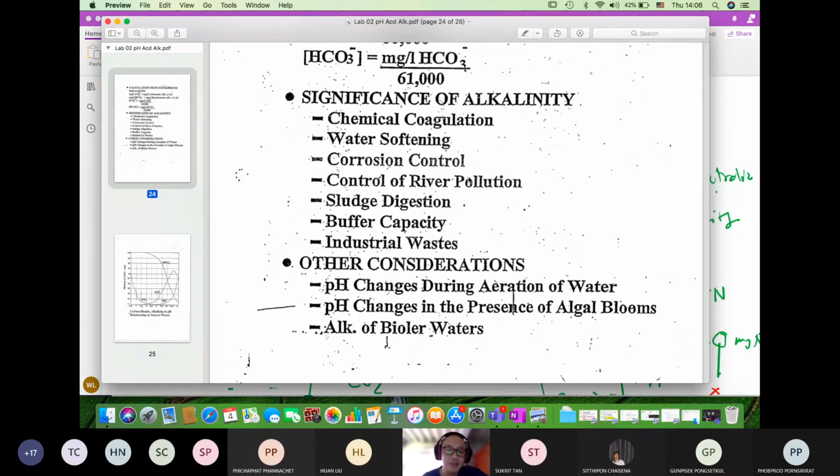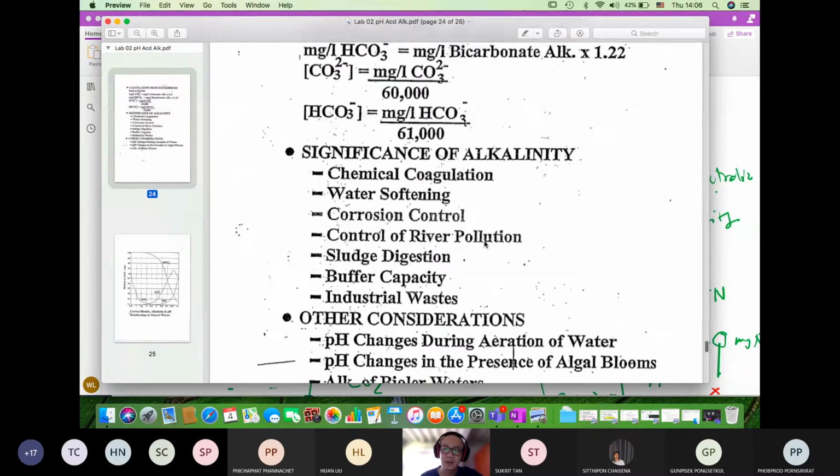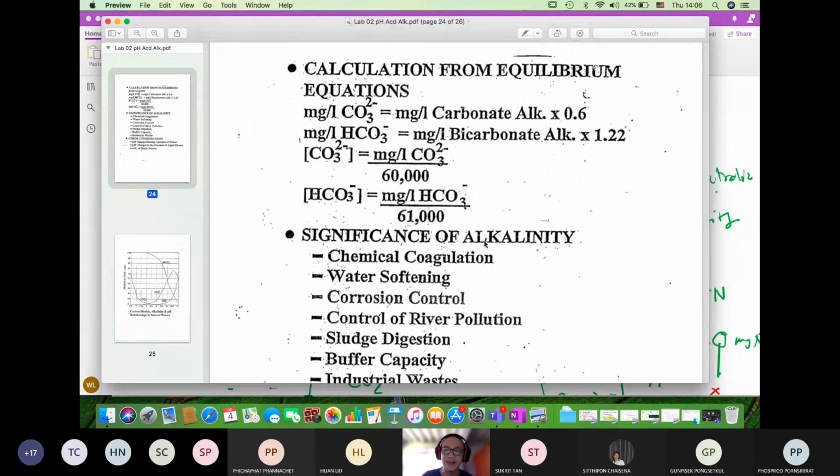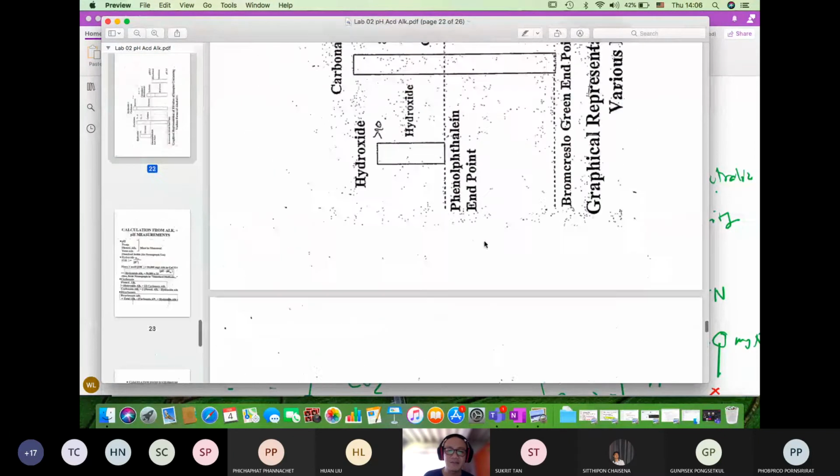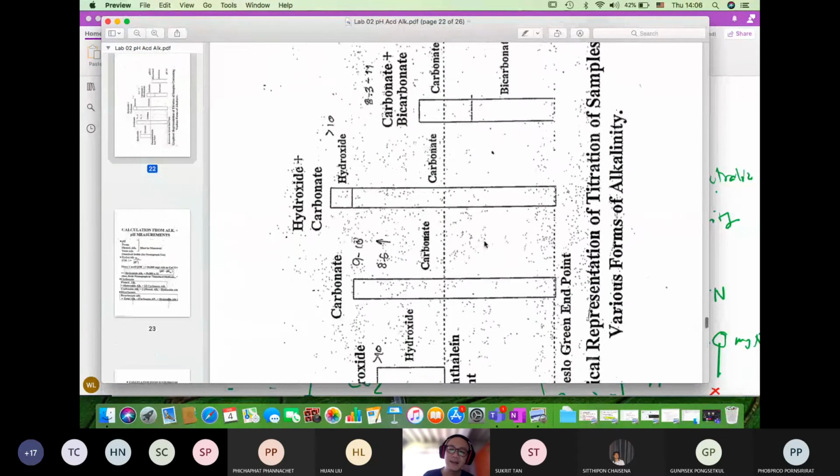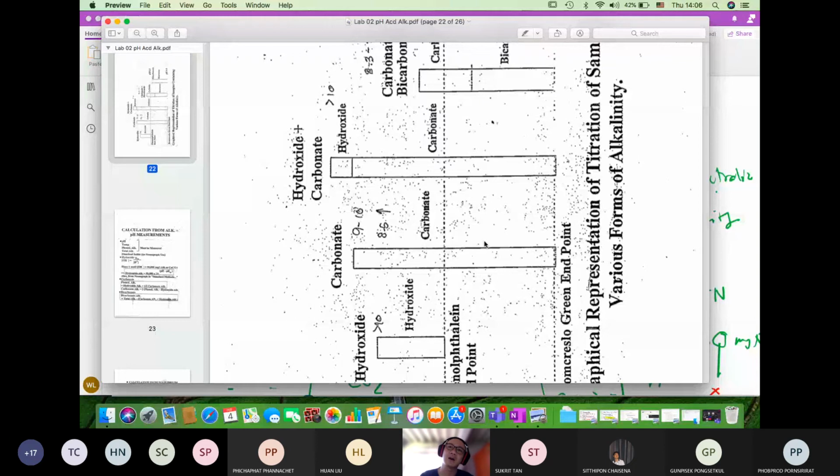Sometimes we need this information to control the river pollution. So these are the beneficial uses of alkalinity and acidity information. Alkalinity and acidity are not really the parameters that we use to classify whether the surface water could be put into class 1 or 2 or 3.